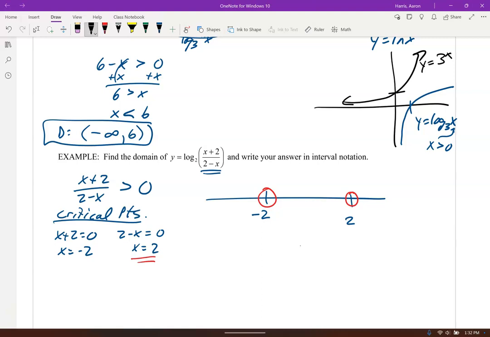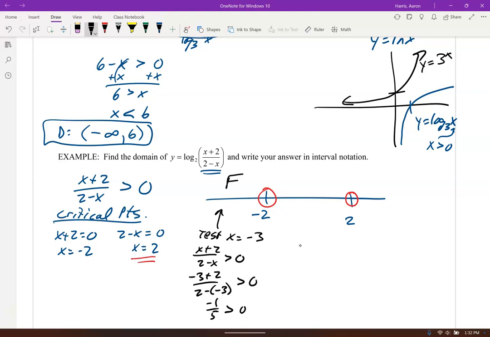So let's go ahead and test now. Let's test negative 3 into this. So we've got negative 3 plus 2 over 2 minus negative 3. So I get negative 1 over 5. Is that greater than 0? False, so that's not part of it. Let's test x equals 0. So 0 plus 2 over 2 minus 0. So I have 2 over 2.